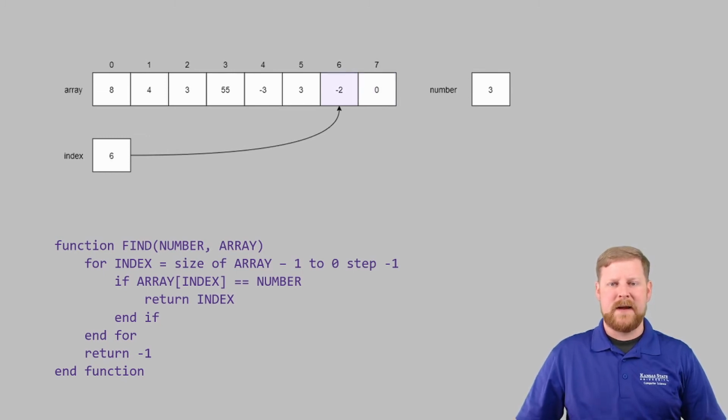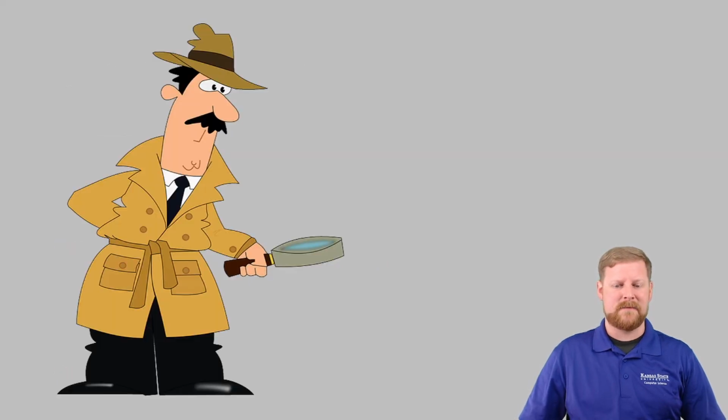Then, since the for loop has a -1 step, it decrements the index value to 6. Now we can do our comparison, and since they don't match, loop back to the top of the for loop. Finally, we decrement our index to 5. Now the array value at index 5 is 3, which matches our number 3. The function will then return index 5, completing our function call.